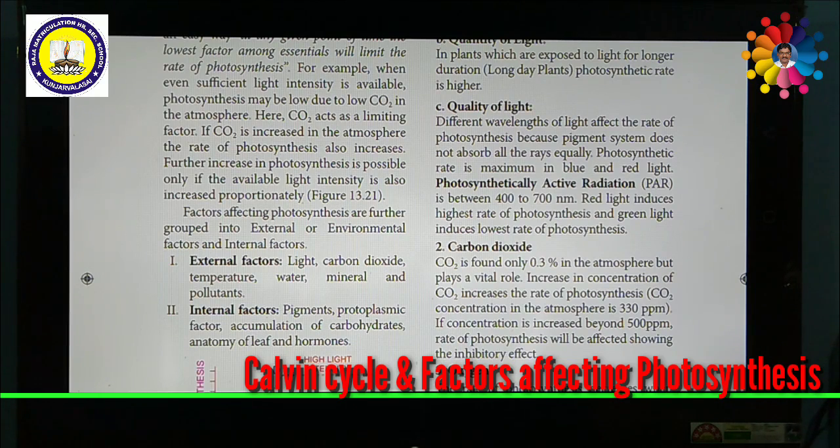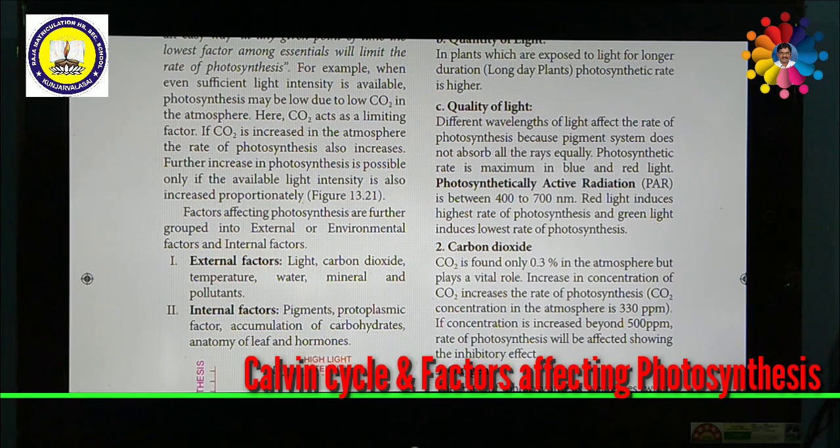Now we are going to discuss internal factors. Photosynthetic pigments are an essential factor, and even a small quantity is enough to carry out photosynthesis. All the pigments like chlorophyll a, chlorophyll b, chlorophyll c and so on are essential, but even a minimum quantity is required to complete the process. Then protoplasmic factor.